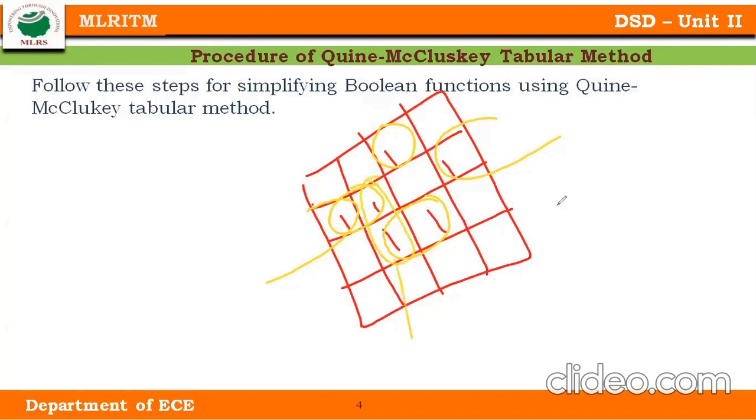So the number of groups: 1, 2, 3, 4, 5. So 5 is the maximum possibilities of grouping, so there are 5 prime implicants. You may get a doubt: sir, it is already mapped with these two now, so then why should I?